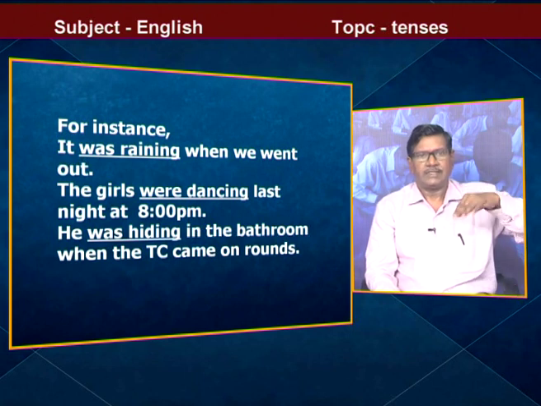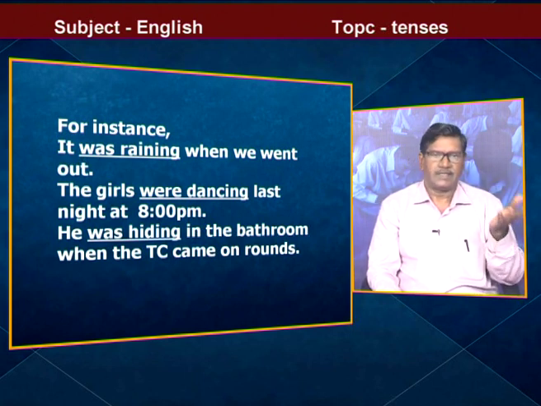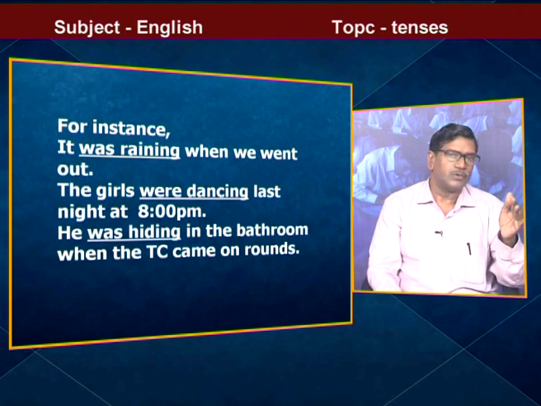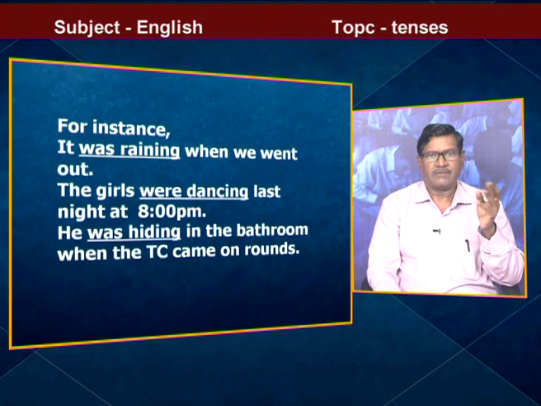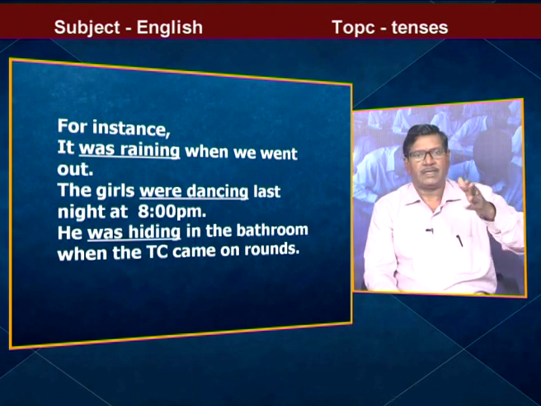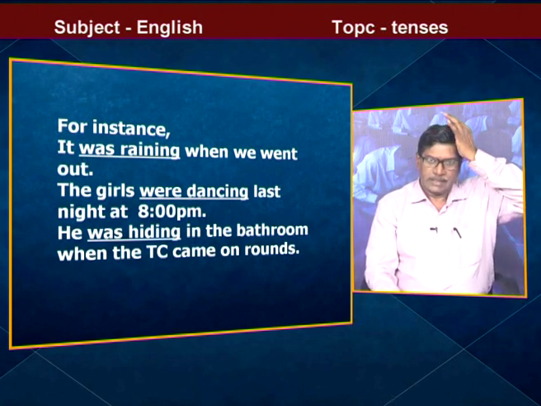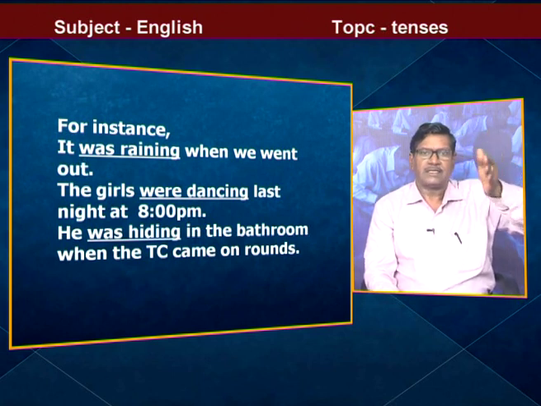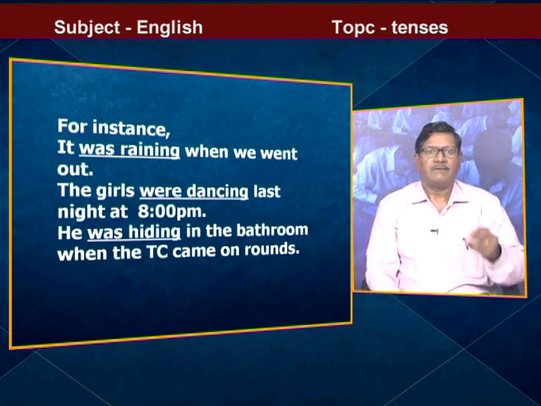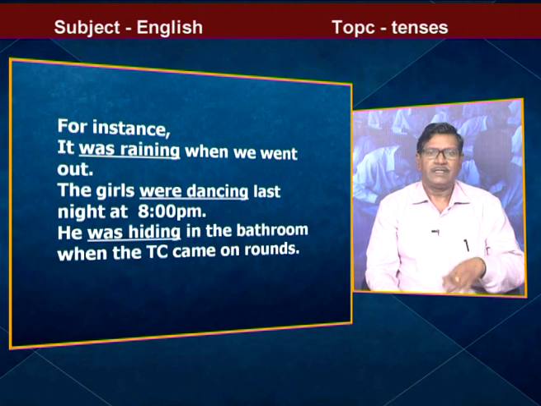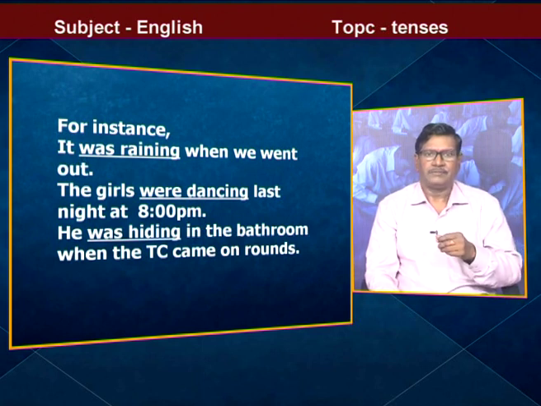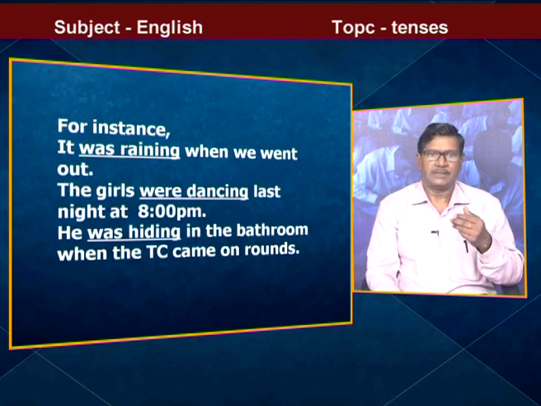If it happened in the past, it is past indefinite. If it was going on for some time in the past, it is past continuous. It was raining when we went out. The girls were dancing last night at 8 p.m. He was hiding in the bathroom when TC came on rounds. In the train, TCs come and check the tickets bought by the passengers.